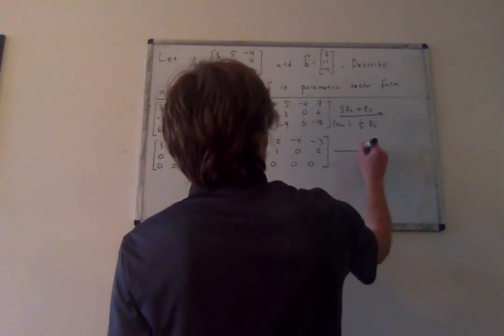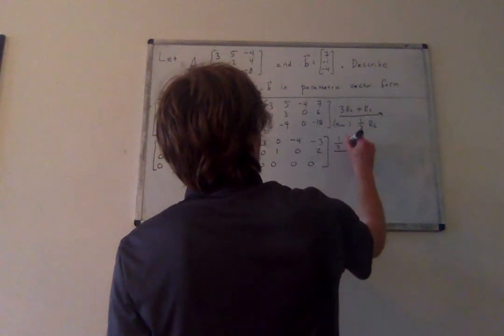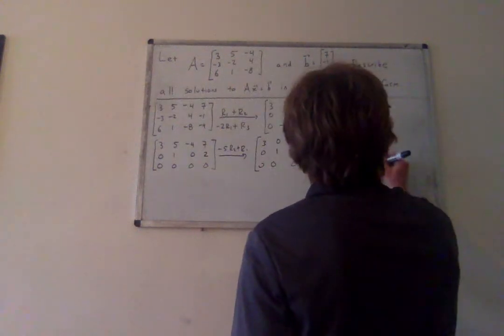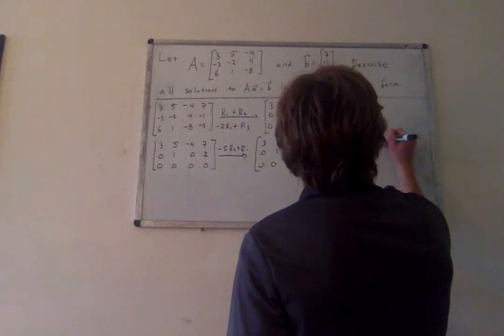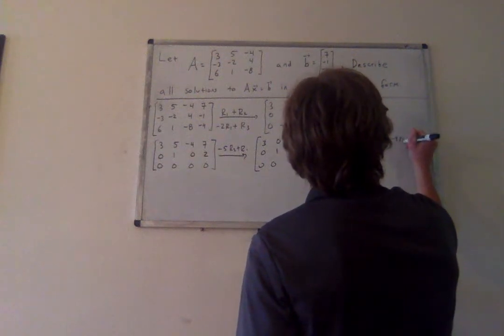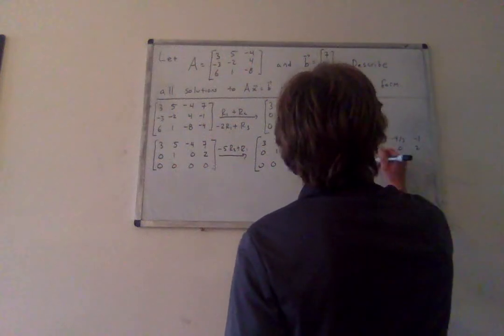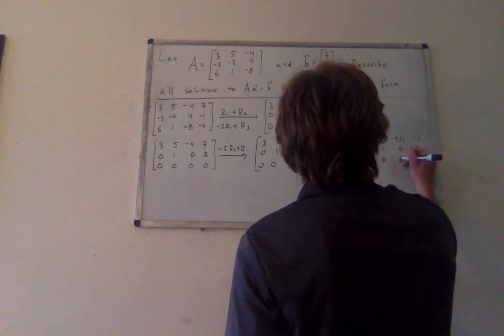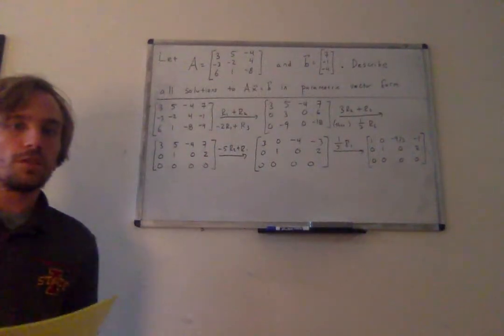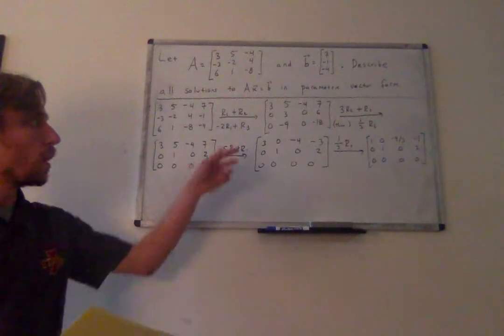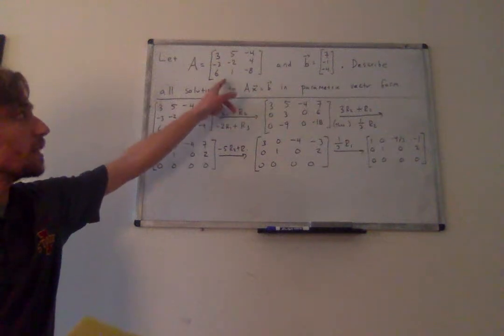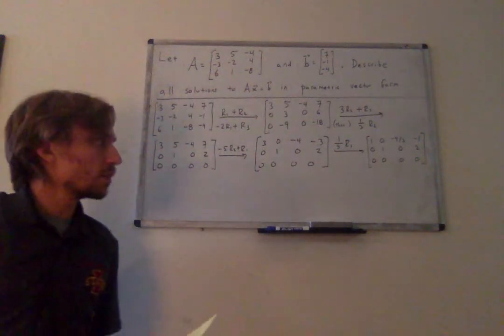All right, and then I just want to do 1/3 row 1, and I get my row reduced echelon form matrix. And so you might notice at this point that the first 3 columns of this matrix are completely identical to the first 3 columns of the matrix I got when I was solving the homogeneous system corresponding to this matrix.